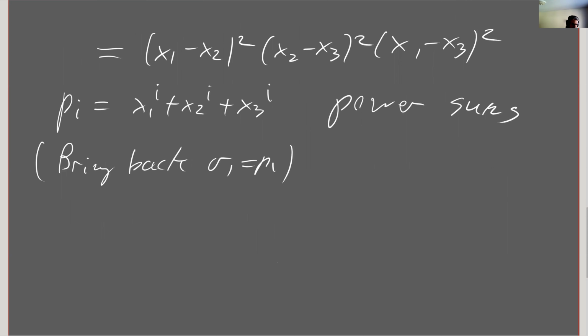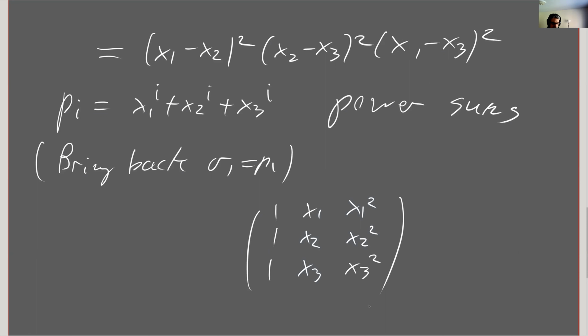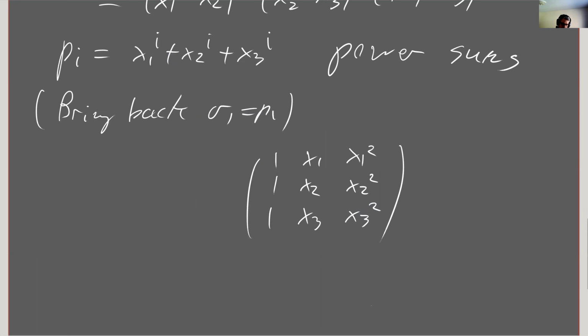All right, so in that case, the Jacobian of the map P is going to be, well, let me make a little space here. It's going to be 1, 1, 1, x1, x2, x3, x1 squared, x2 squared, x3 squared. That's going to be the derivative of the Pi's with respect to the xi's, or maybe the transpose, but it won't really matter because I'm going to have the transpose over here.